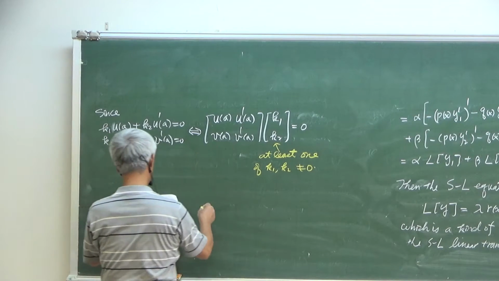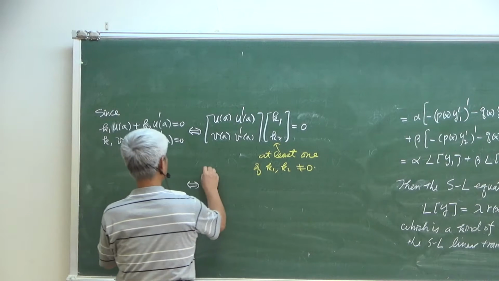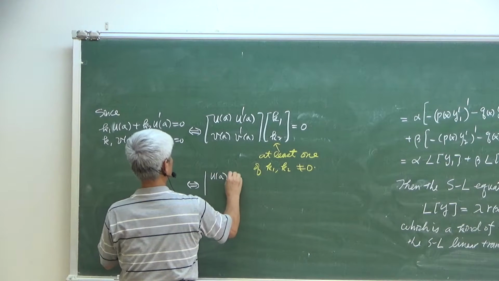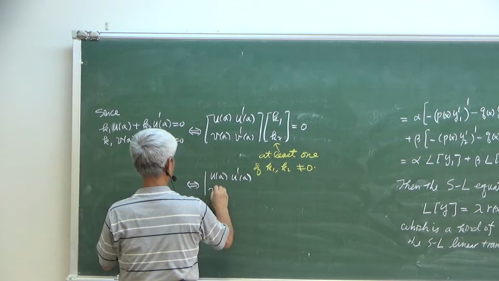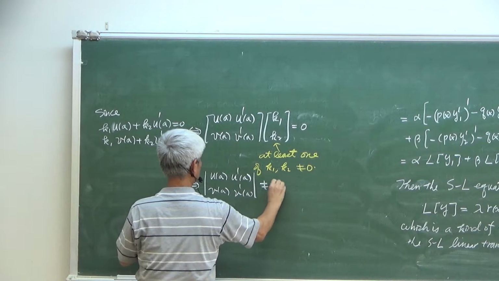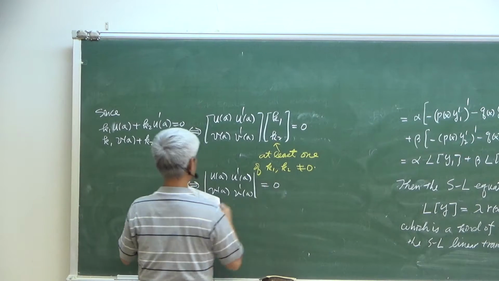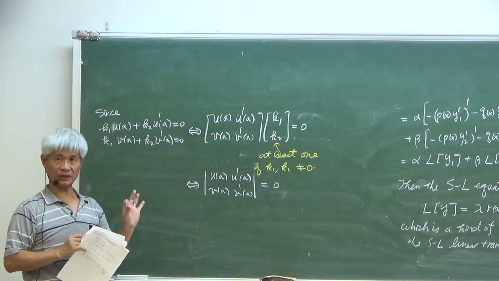When it has a non-trivial solution, it means that the determinant of U A, U prime A, V A, V prime A must be equal to 0, because this matrix must be singular.